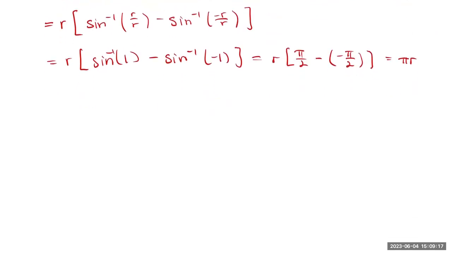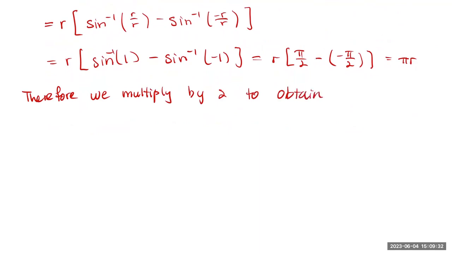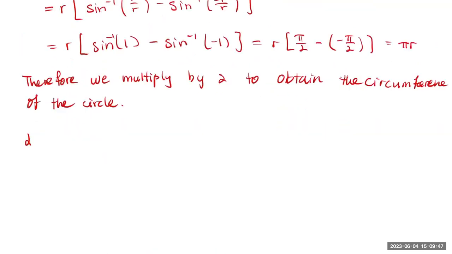So therefore, we multiply by 2 to obtain the circumference of the circle. So that is 2 times the length.